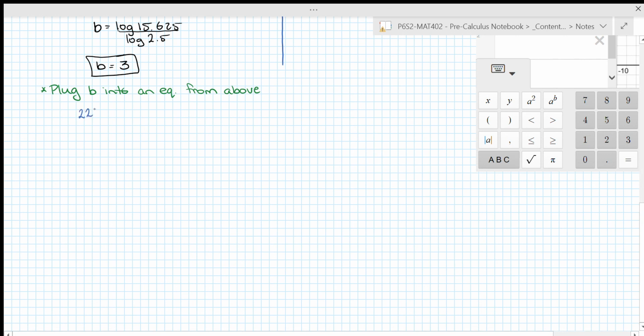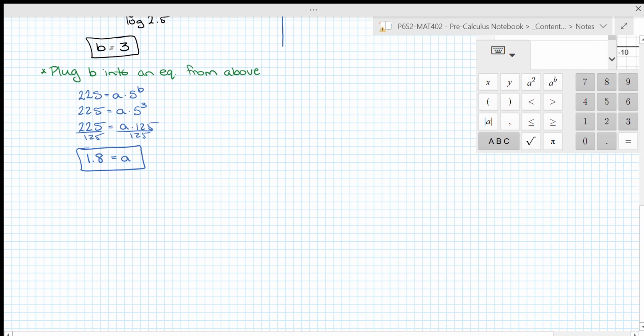But now I know what my b is. b is 3. So 225 equals a times 5 cubed. 5 cubed is 125. To get a by itself, just divide both sides by 125 and I get 1.8 equals my a value.